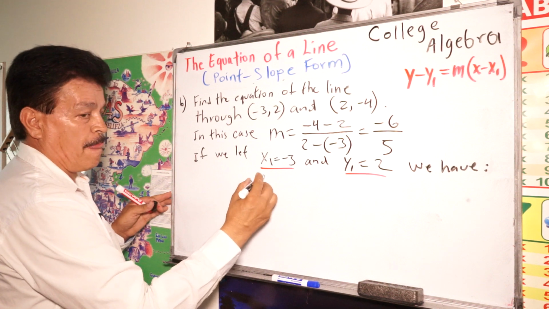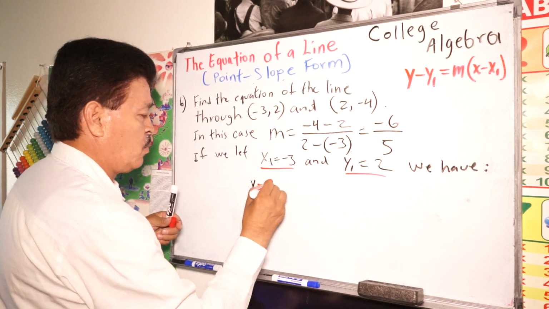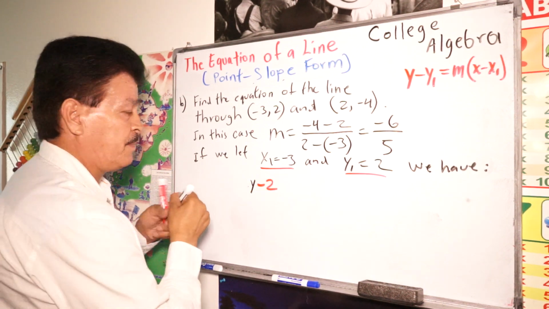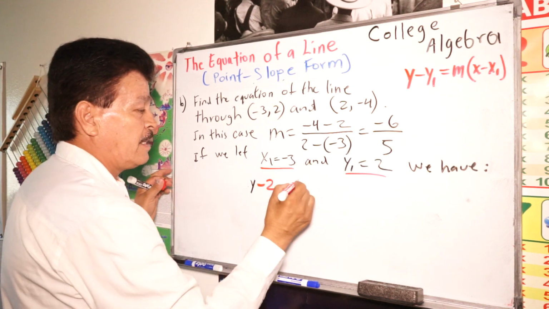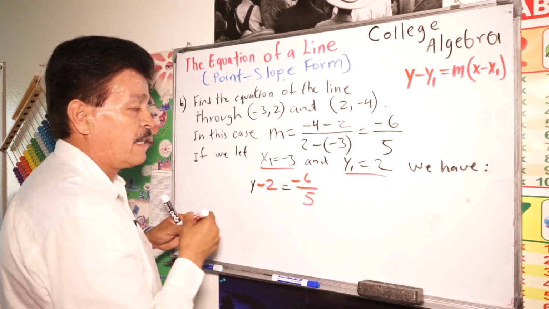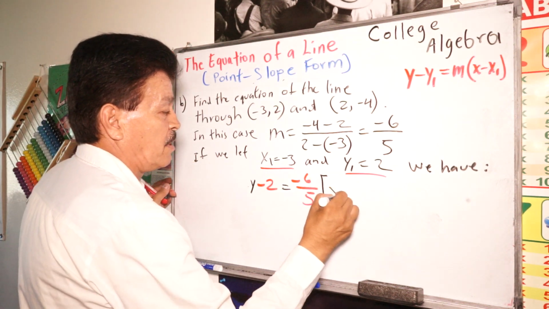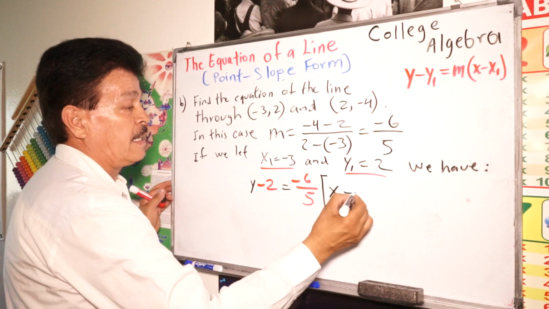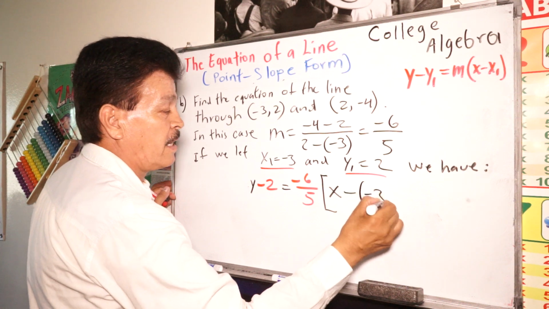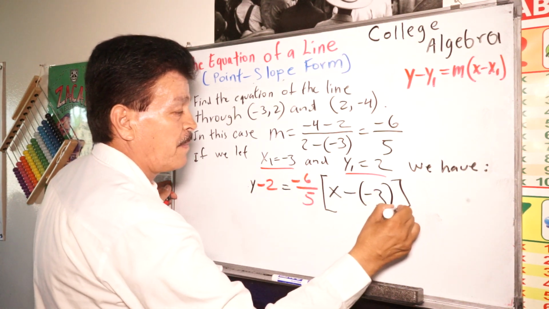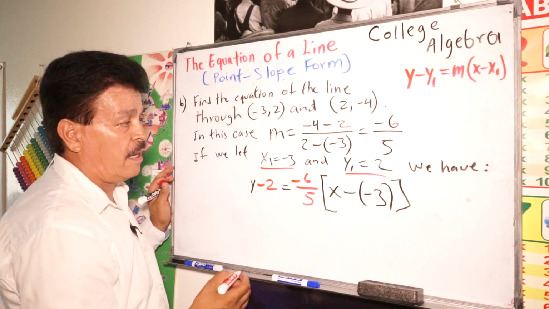So now just write it: y minus 2 equals, remember this is our slope, -6 divided by 5, times x minus x1. How much is x1? x1 is -3. Now everything is ready. Now simplify the formula.